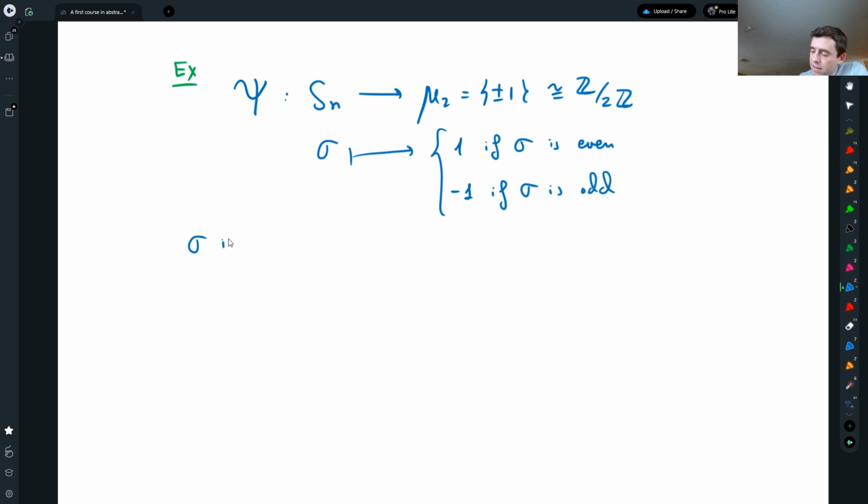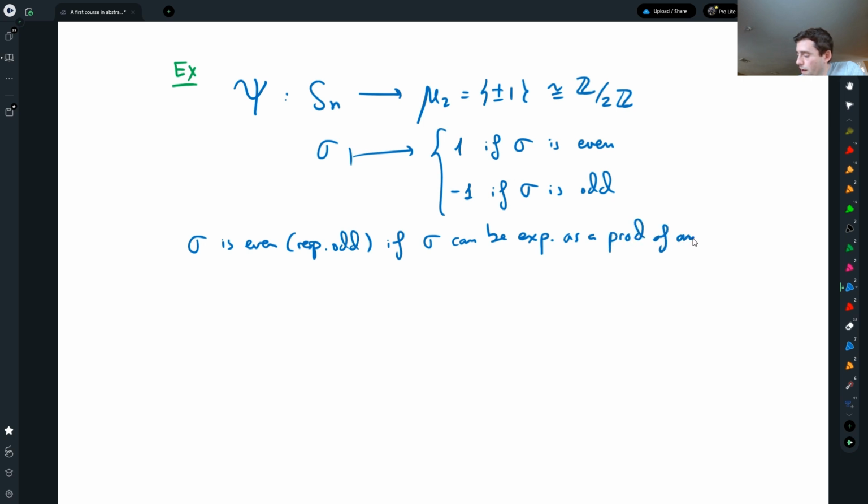Remember that sigma is even, respectively odd, if sigma can be expressed as a product of an even, respectively odd, number of transpositions, and that is actually a homomorphism.